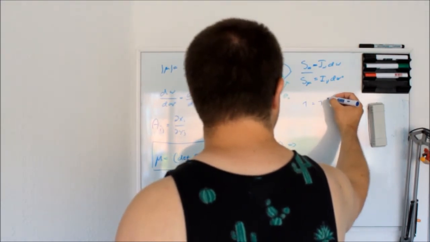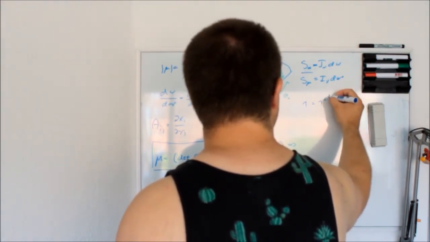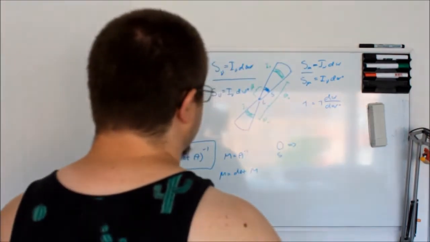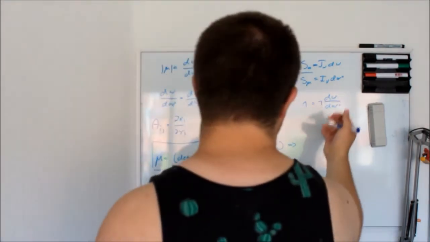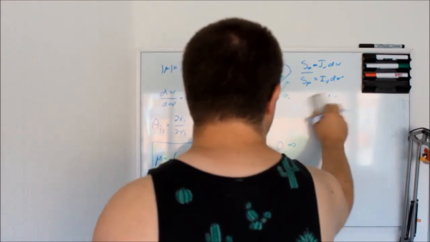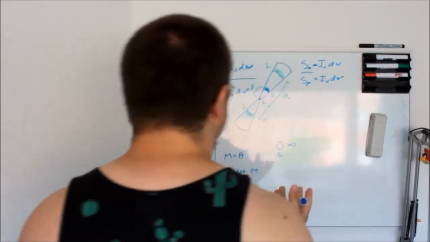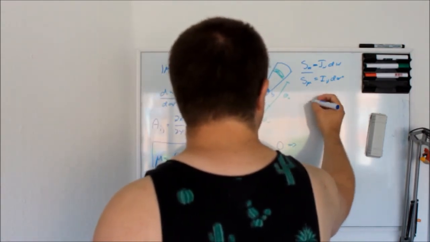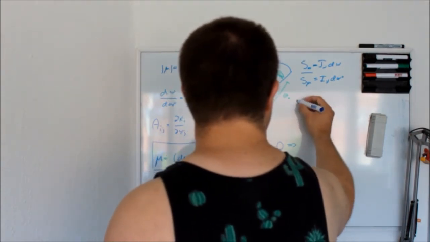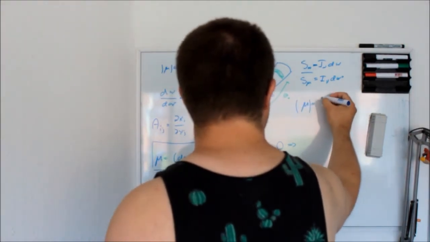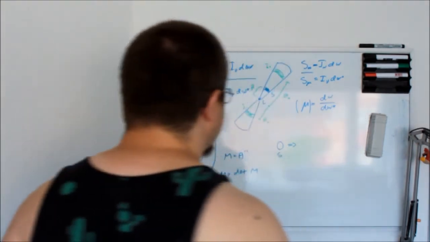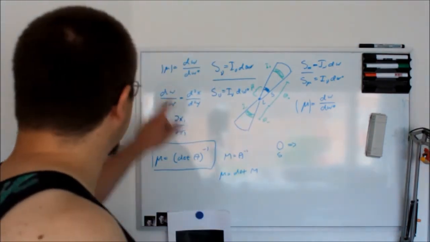So what you're left with is that 1 equals 1 times d omega over d omega star. So in reality what you get from dividing them with each other is that the magnification you get from a system is equal to the solid angle divided by the lensed solid angle. And that's what I've written up here.